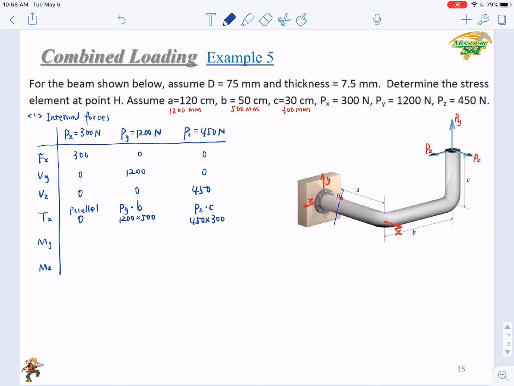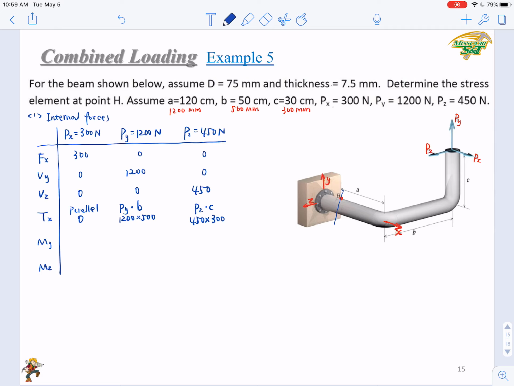So what are the signs of these two components? Look at Py times B with respect to the x-axis. Use your right hand rule, with your thumb pointing in the positive x direction.